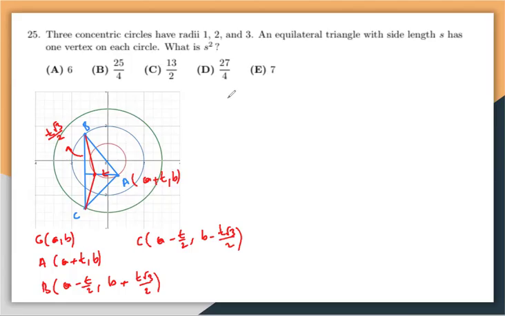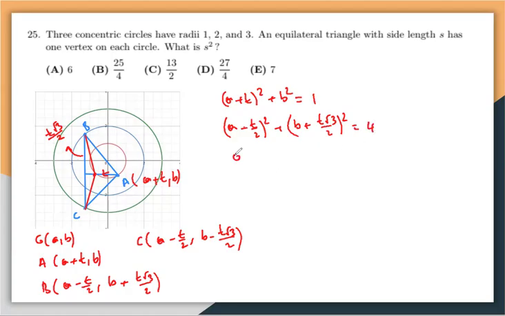With that in mind, I can say A plus T squared plus B squared is equal to 1. That was the first distance. The second one is for B: A minus T over 2 squared plus B plus T root 3 over 2 squared, and that will be equal to 4.